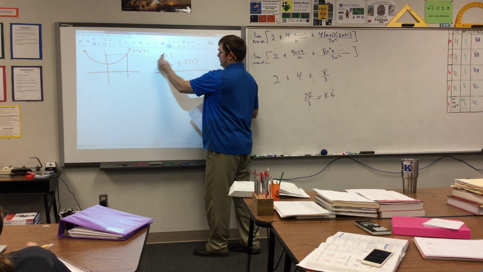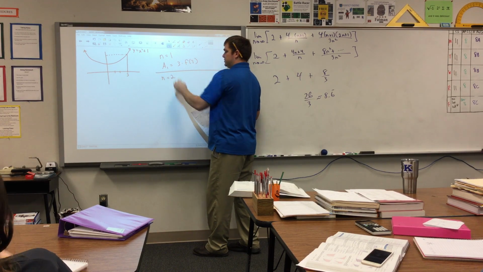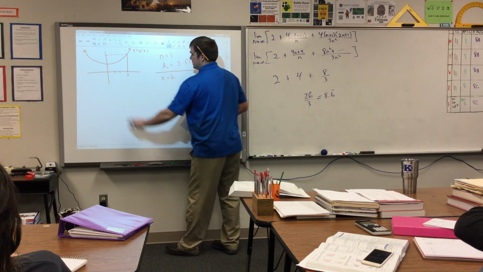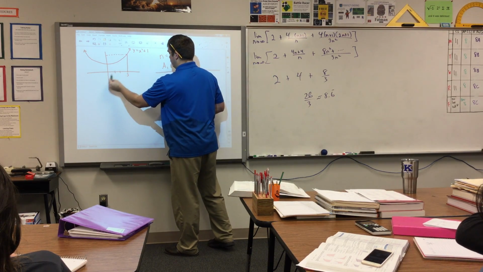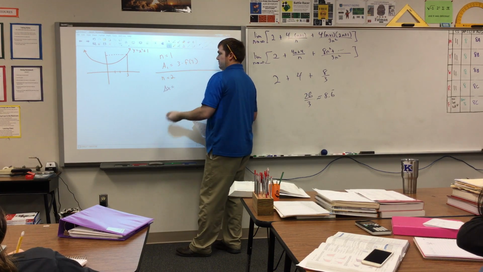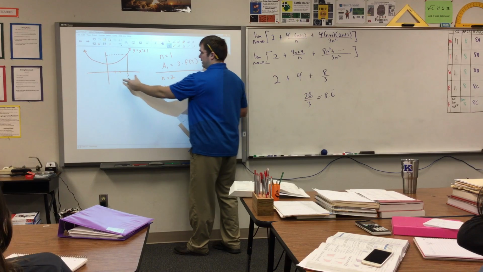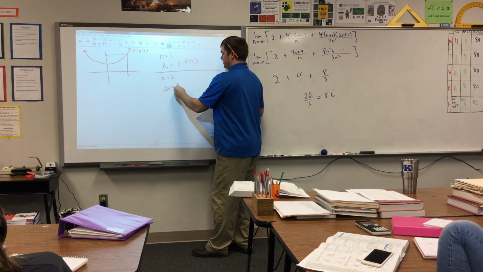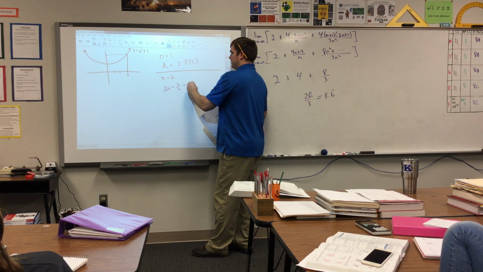But what if I said, all right, I want you to use 2 rectangles. What would the width be? What would delta x be in that situation? 1.5. How did you arrive at that? 3 divided by 2.